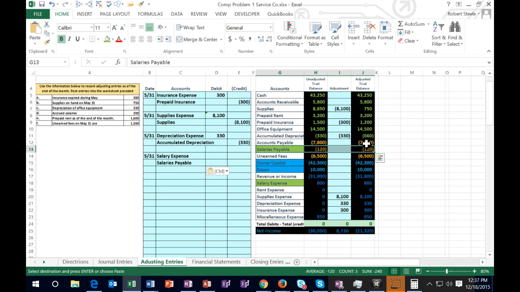For example, if the 31st landed on a Wednesday, then as of the 31st, in that scenario, we would have 3 days of payroll where people have worked, we owe the money, but we're not going to pay it until the next month because we're going to pay it on Friday. This may seem trivial, but when you talk about a lot of employees, that can be fairly significant.